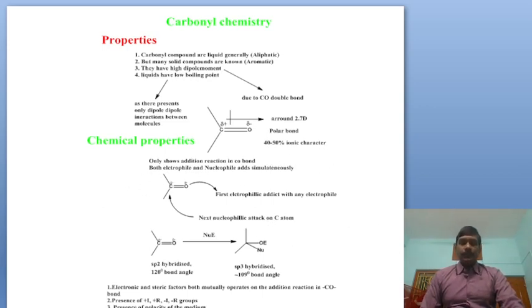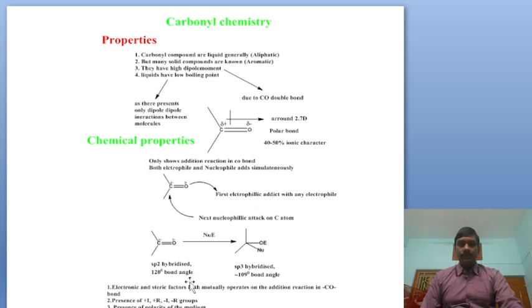Chemical properties. The carbonyl compounds are unsaturated, and they only show addition reactions at the C=O bond. Both electrophilic and nucleophilic additions occur here simultaneously. The nucleophilic attack occurs at the electrophilic carbon center.